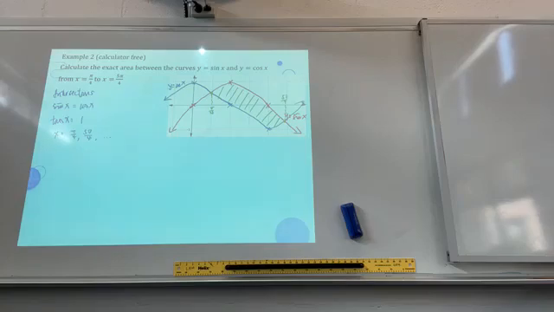So which one is the upper curve? Sine x, correct? And then the lower curve is cos x. So you need to integrate from pi over 4 to 5 pi over 4, sine x take away cos x.